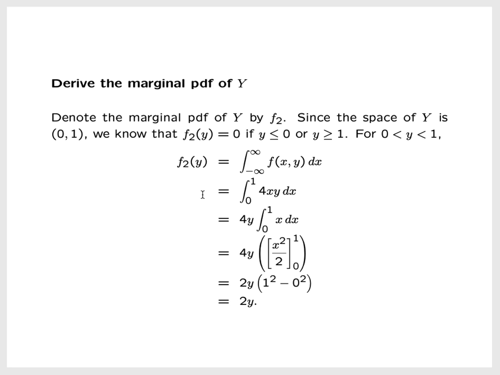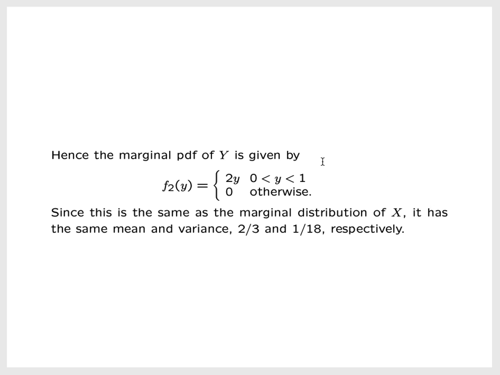So 2 times whatever the argument is, as long as that argument is between 0 and 1. When we put those two results together, we get the fully specified expression for the marginal PDF of y. It's equal to 2 times y for values of y between 0 and 1, and it's 0 otherwise. And again, this is the same expression, with just a different variable, that we had for the marginal PDF of x.